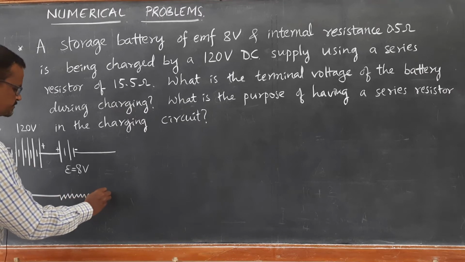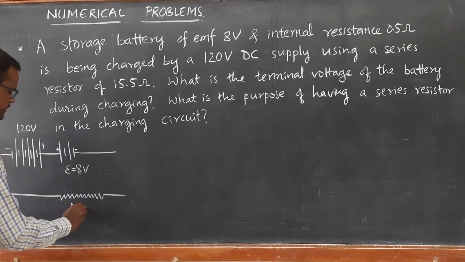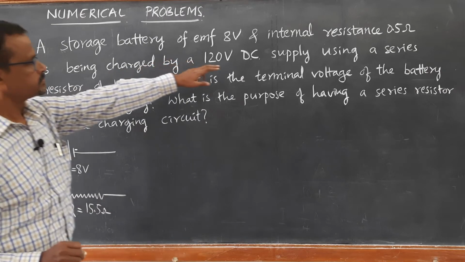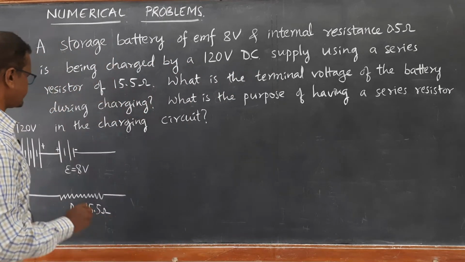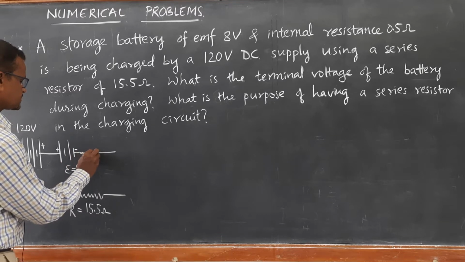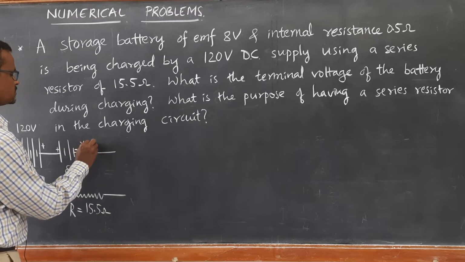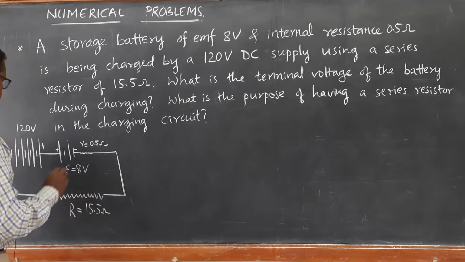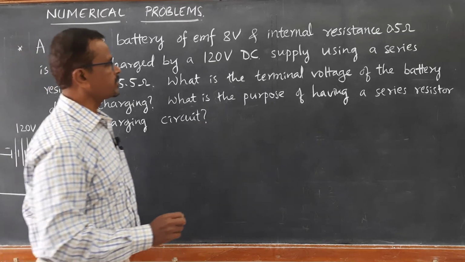A series resistor is being used whose value is 15.5 ohm, and this is a cell of internal resistance small r equal to 0.5 ohm. This is how the circuit is being drawn.